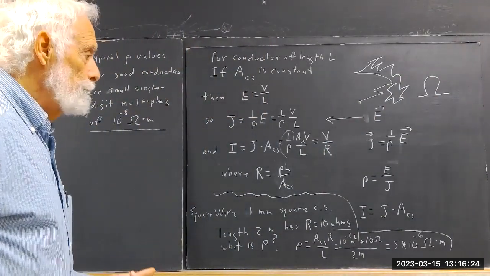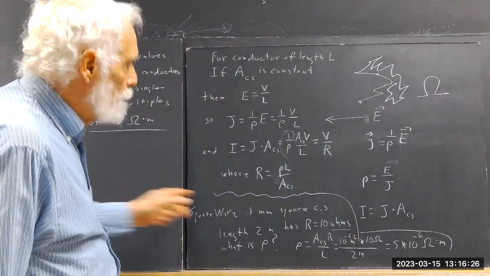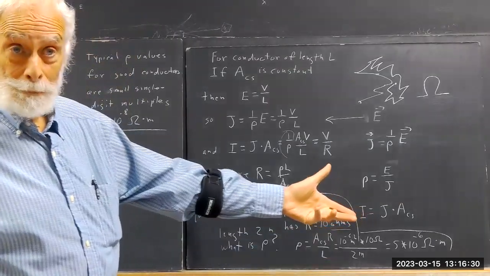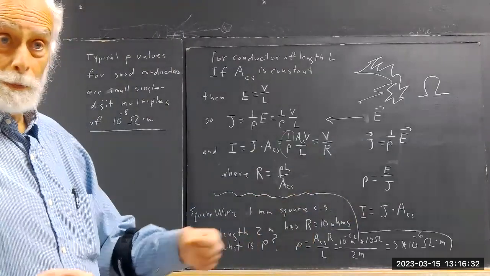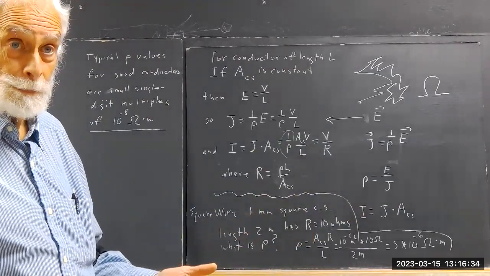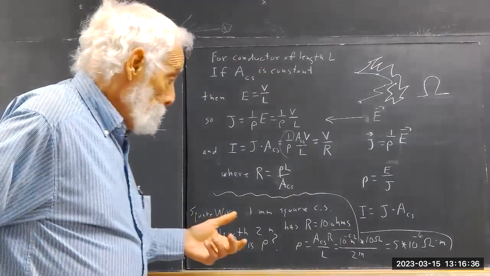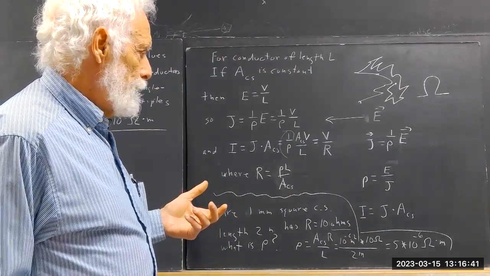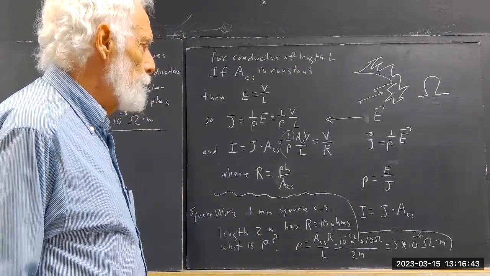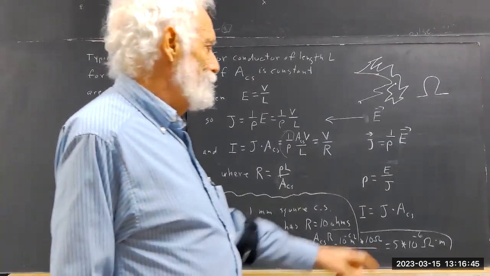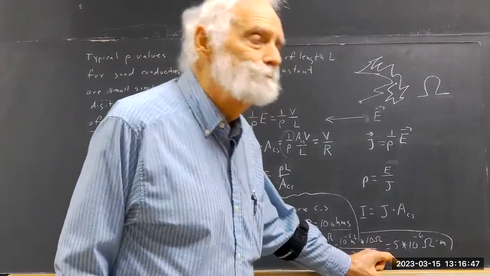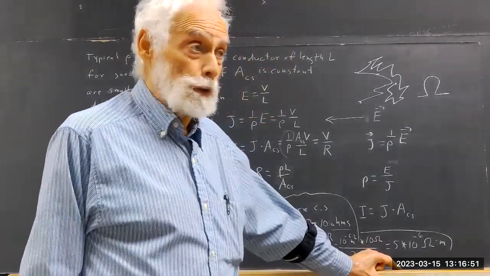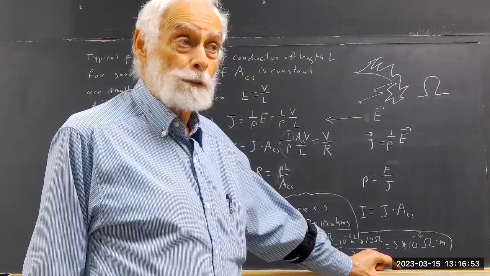So now if I wanted the resistance of an equal length of copper, it's going to be relevant because we're going to be dealing with nichrome and copper and making circuits out of it. Nichrome is on the order of 100 times the resistivity of copper.